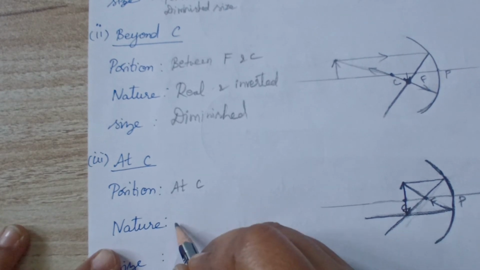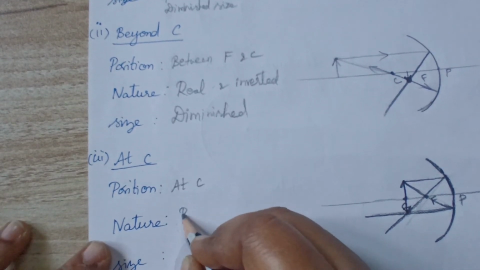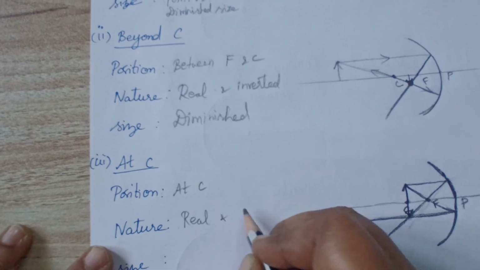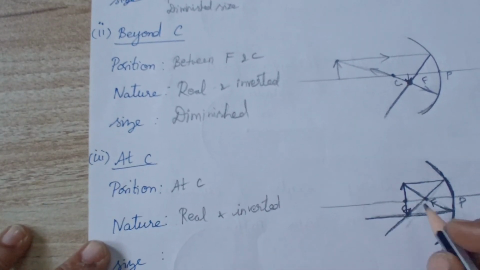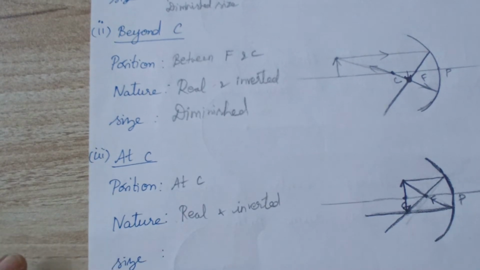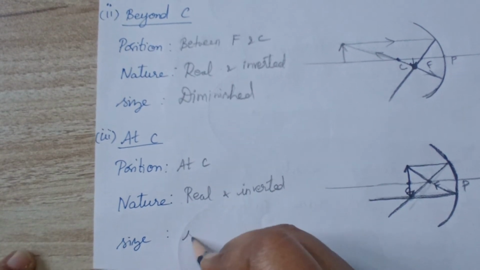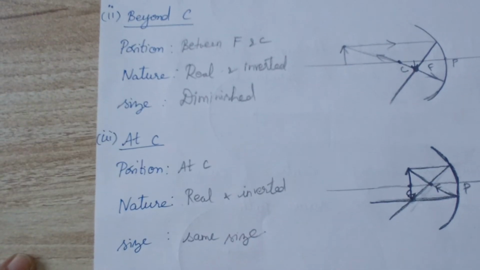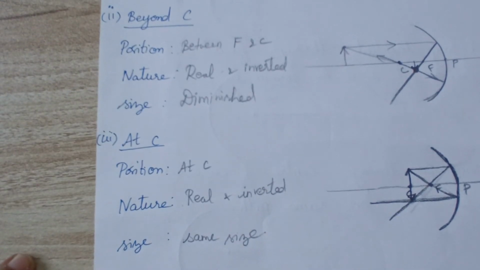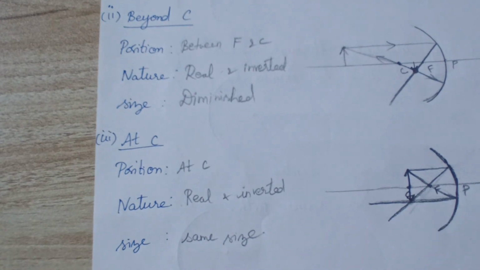The nature of the image is real and inverted. And the size is exactly the same size. Okay, same size. Same size image will be formed when the object is placed at the center of curvature.